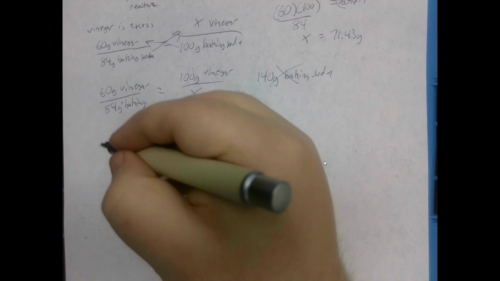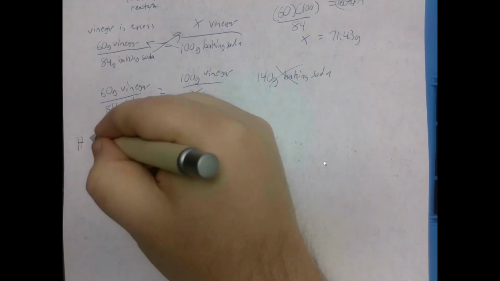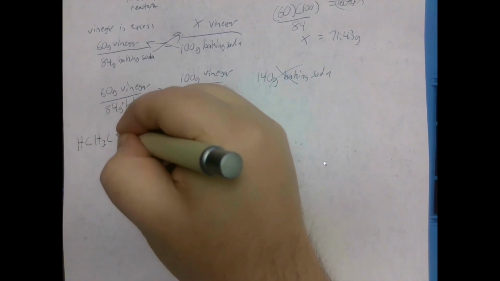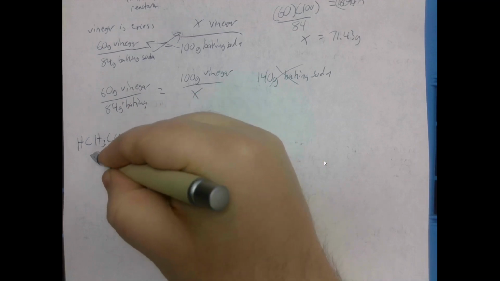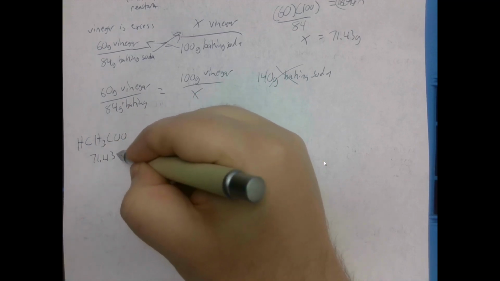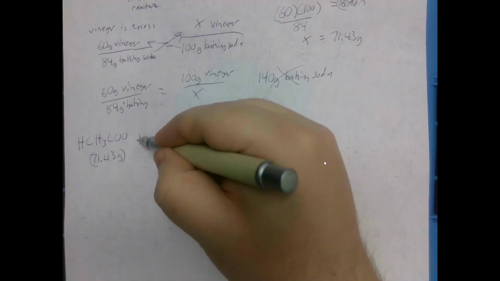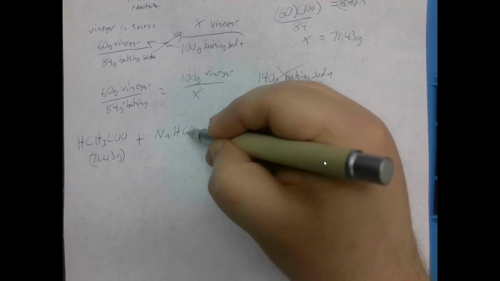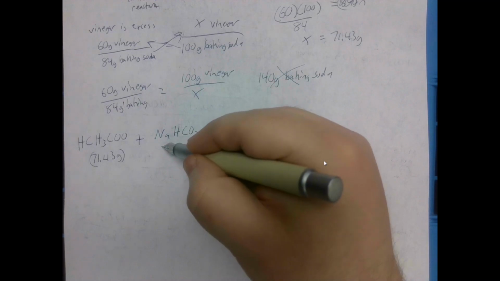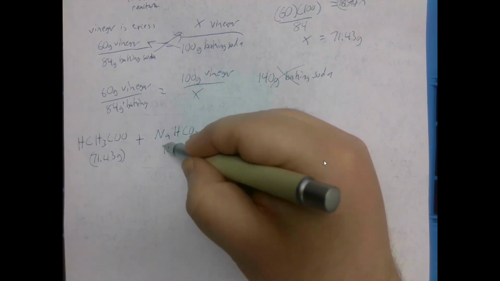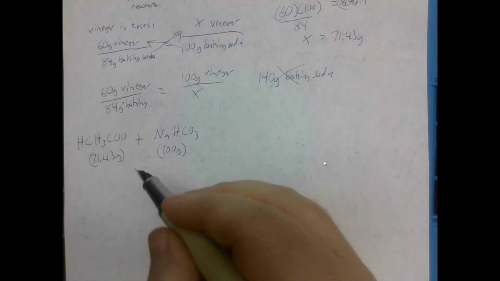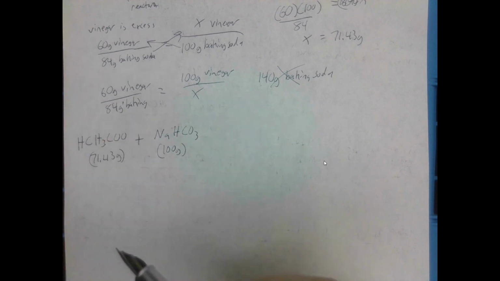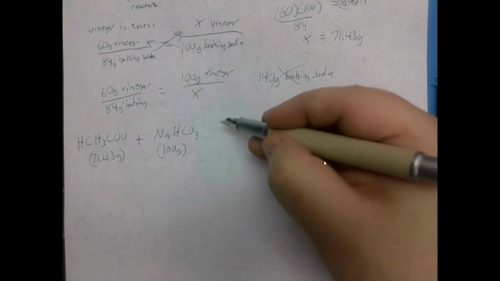So what is going on is, out of our original amount, 71.43 grams of acetic acid is reacting with 100 grams of baking soda.